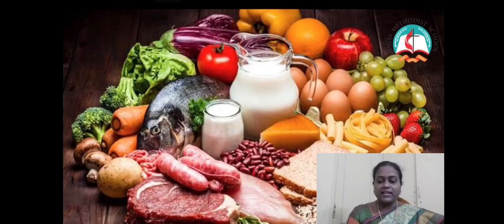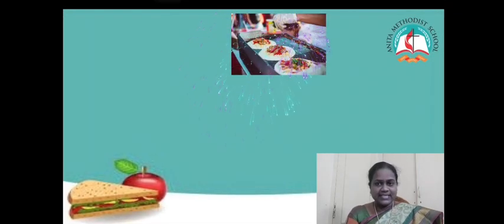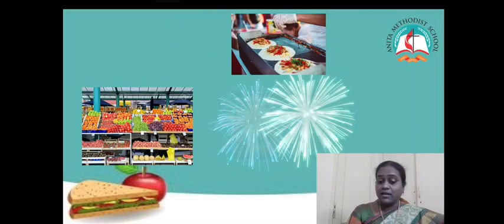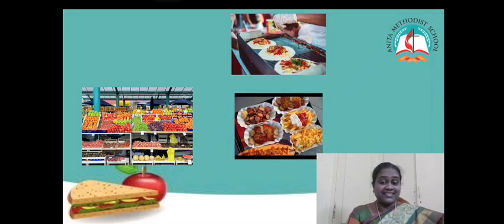Let's get into today's lesson. Food is very important in our life. It gives us nutrients and all important things that are required for our growth. To buy food, we go to the market and buy. We see some colorful foods and we get attracted.